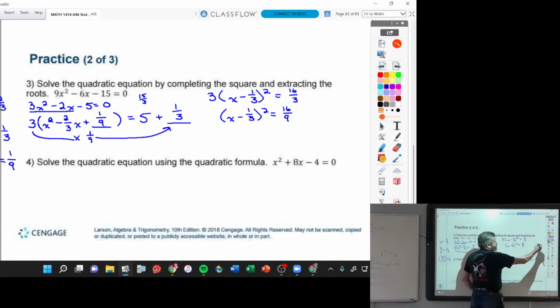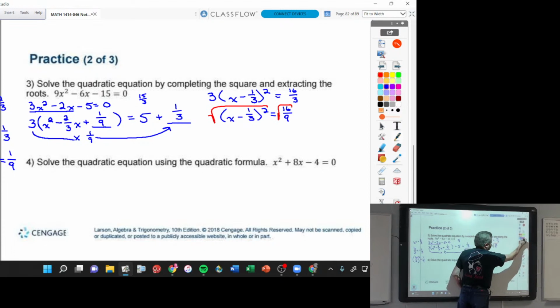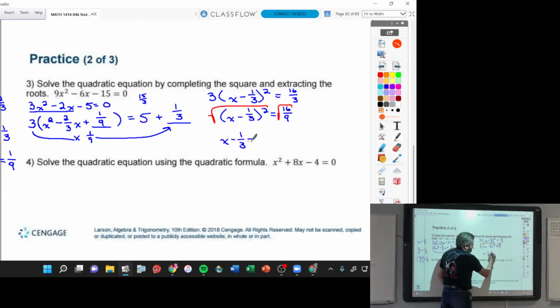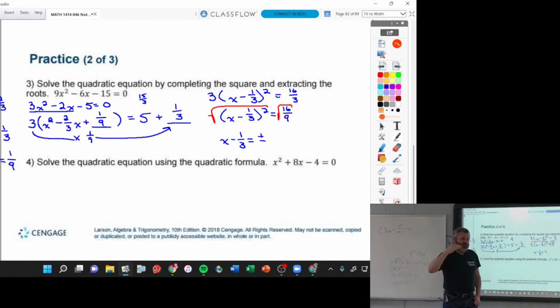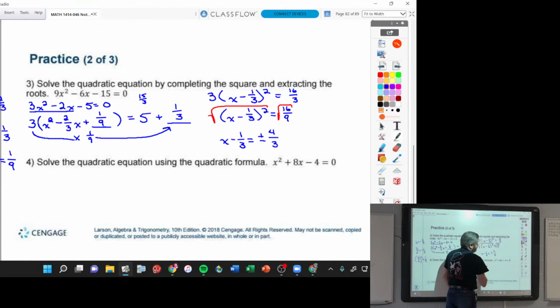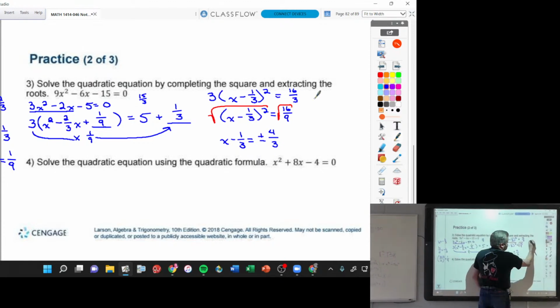Taking the square root of both sides, I get x minus 1/3 equals plus or minus the square root of a fraction, which is the square root of the numerator divided by the square root of the denominator. The square root of 16 is 4. The square root of 9 is 3. I will add 1/3 to both sides.